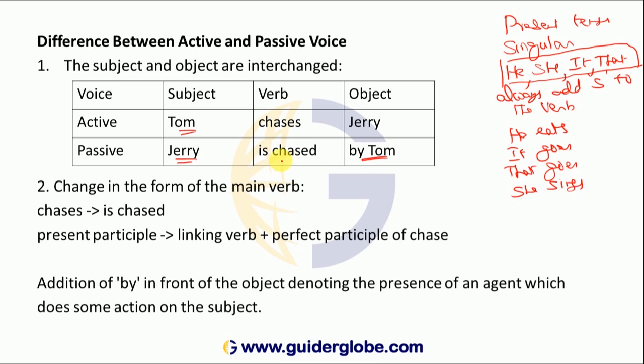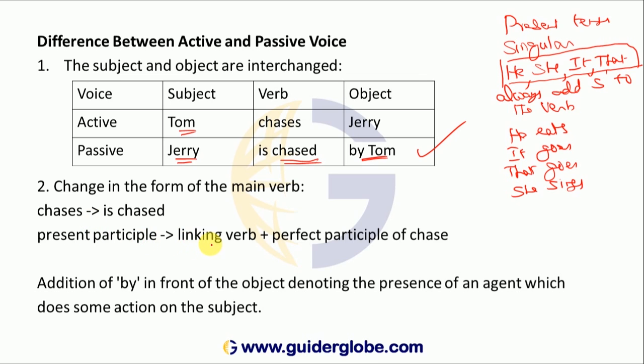So before by Tom, you have put chased. This is over. Now come to the object, Jerry. Whether it is singular or plural: singular. The sentence is present tense, singular. I have to put: Jerry is chased by Tom.